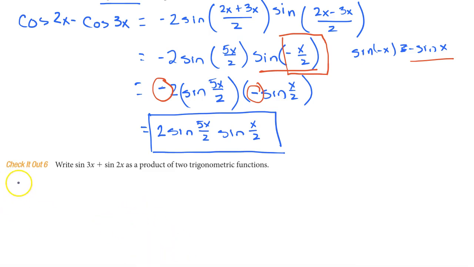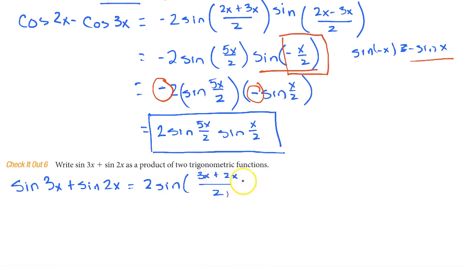Okay, we've got sine of 3x plus sine of 2x equals, and this is our identity, it tells us that we take 2 sine of A plus B, so 3x plus 2x all over 2, times cosine, because this is not the same identity, this is a different one, this is sine plus sine, cosine of A minus B, 3x minus 2x over 2.